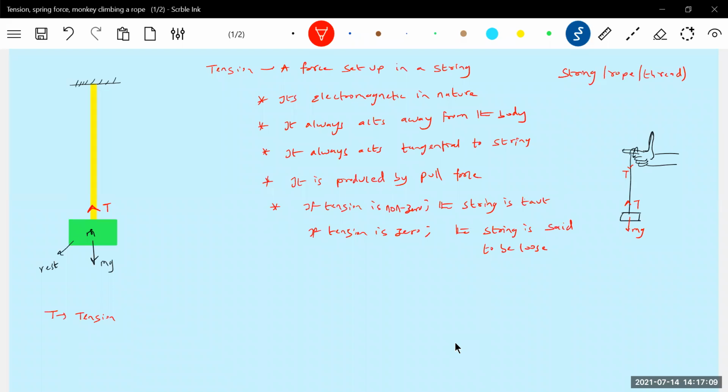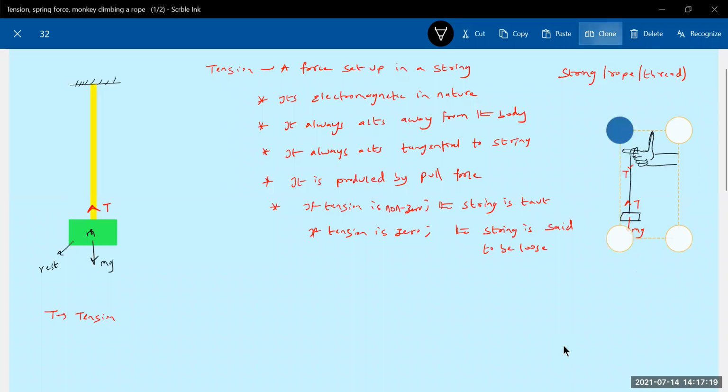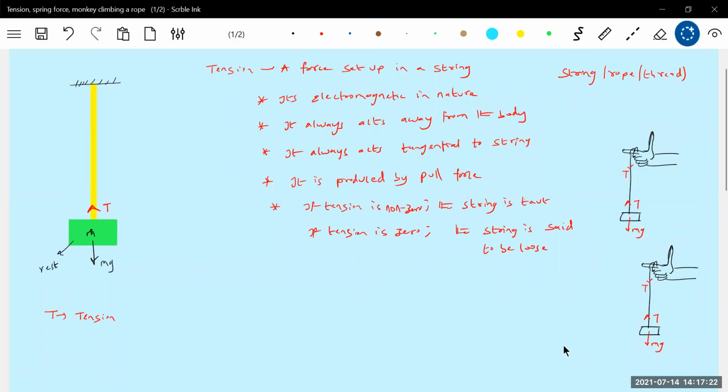So what do you mean by loose? Suppose you don't suspend anything. Let me take the same diagram. You remove this, then how the string will be. Some of you are saying, sir, not seeing it properly.